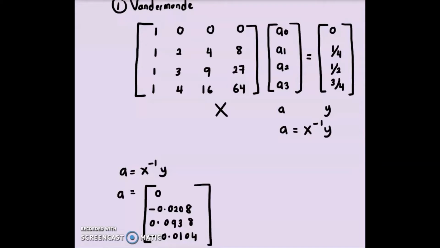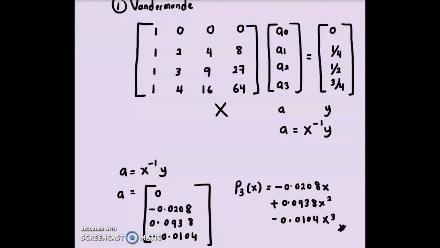By having this A, we can write my P3(x) as a0, which is 0, minus 0.0208x, plus, this is my a2, 0.0938x squared, minus 0.0104x cubed.